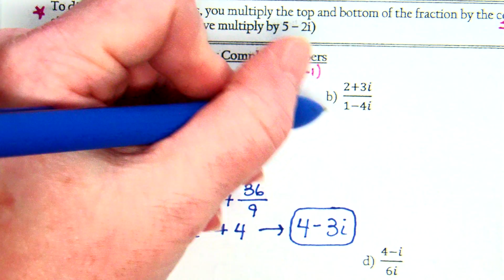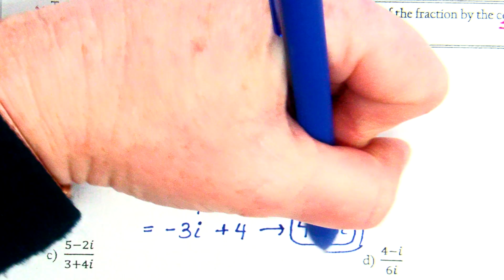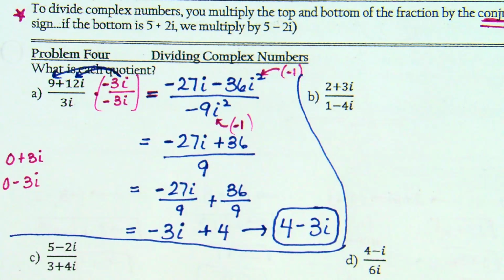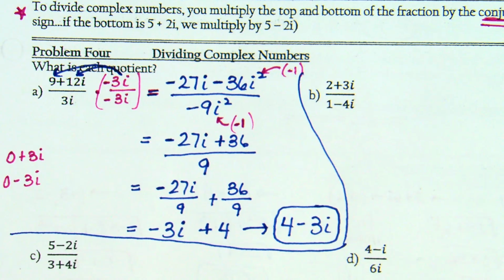Okay, let's try B. 2 plus 3i over 1 minus 4i. What do we do to get this in a different form? Multiply by the conjugate. Conjugate of what? The denominator.